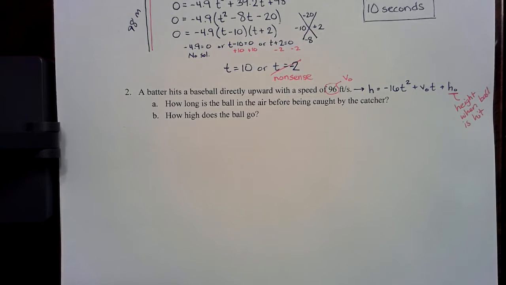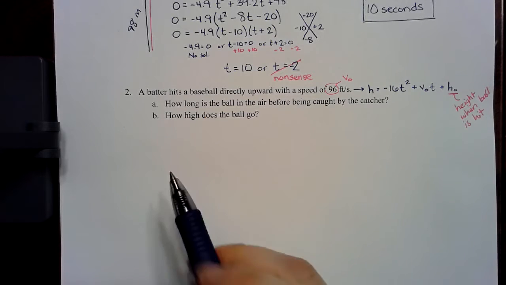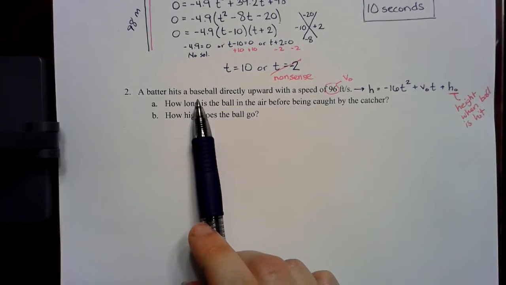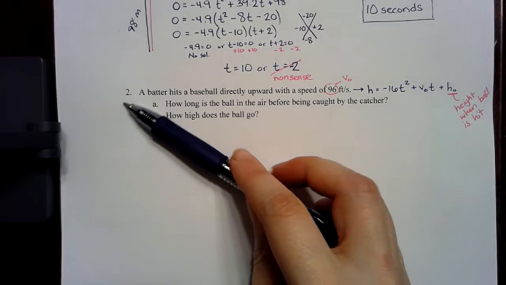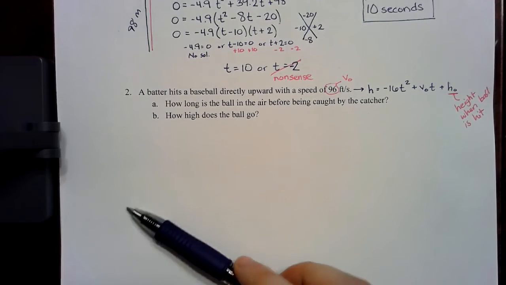So we have this baseball player hitting the ball straight upwards, and then it's caught by the catcher.